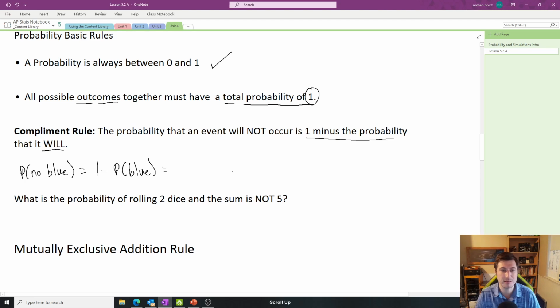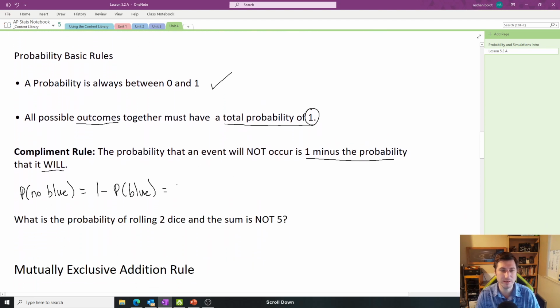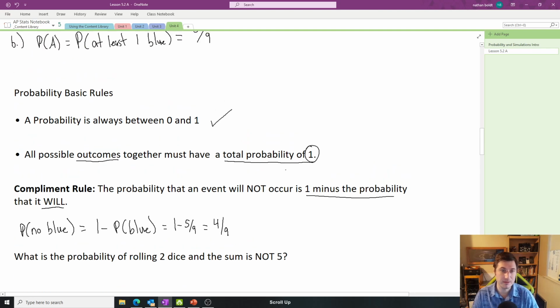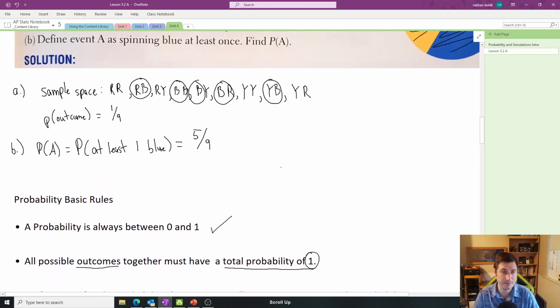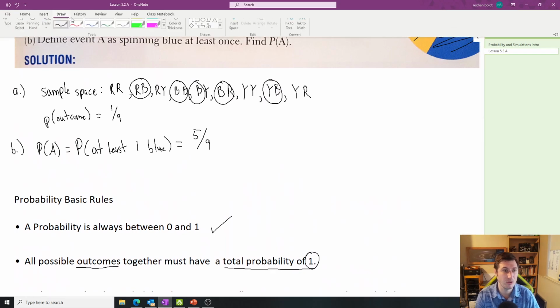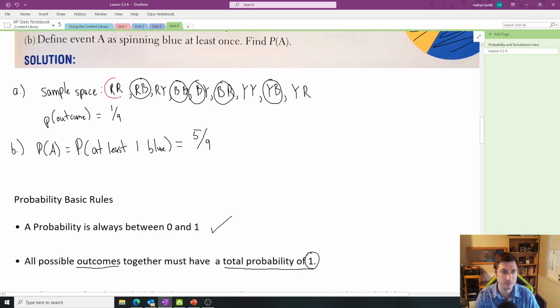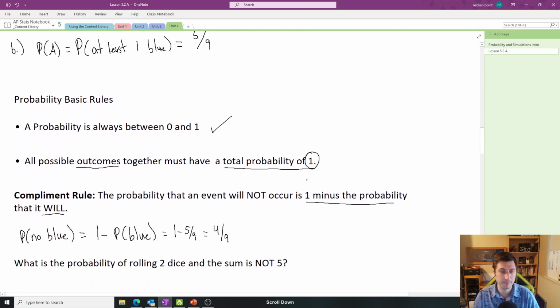So in this case, the complement would be 1 minus 5/9, which is equal to 4/9. Sometimes that is easier than going back to your sample space and just circling all the ones that don't have a blue. 1, 2, 3, 4. Especially if you've already done the probability.